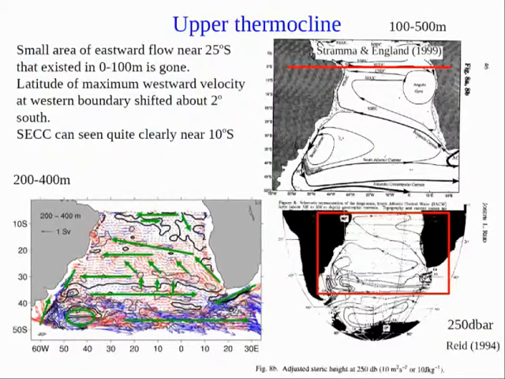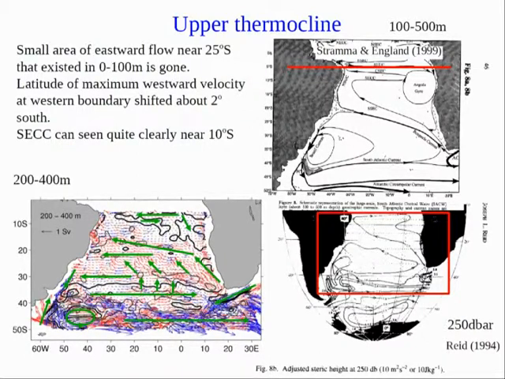Now if we go a little bit deeper, it becomes even more complicated. I did 200 to 400 meters as the upper thermocline. Stramma and England did 100 to 500 meters, so that's pretty much most of the thermocline. And for Reid, I only have the 250 decibar level. But they still look pretty similar.